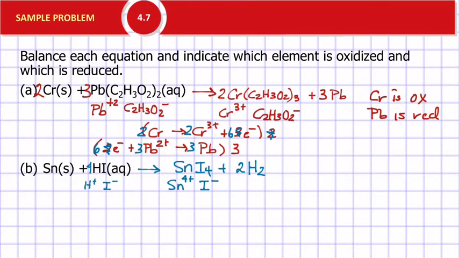Oxidation is loss of electrons, so the tin is being oxidized because it's losing electrons. What's being reduced? Hydrogen. Is anything happening to the iodide? It's the same. The hydrogen's going from +1 to 0. It does that by gaining electrons. Reduction is gain of electrons. So the H+ is being reduced.